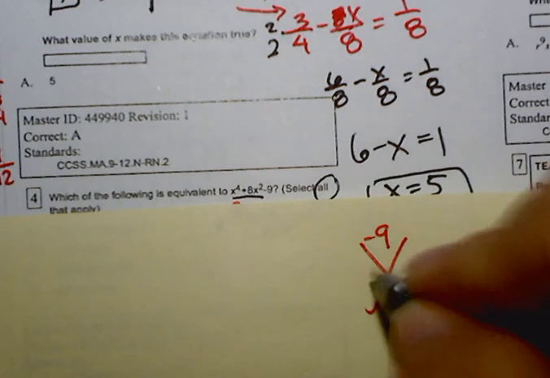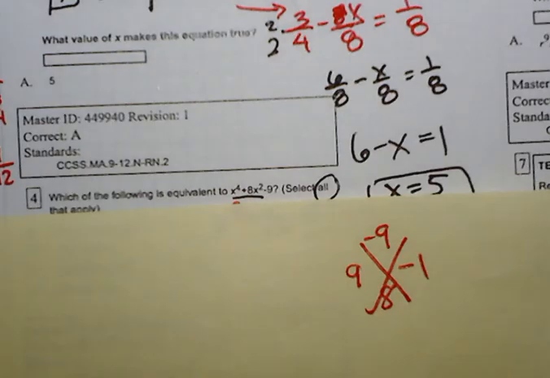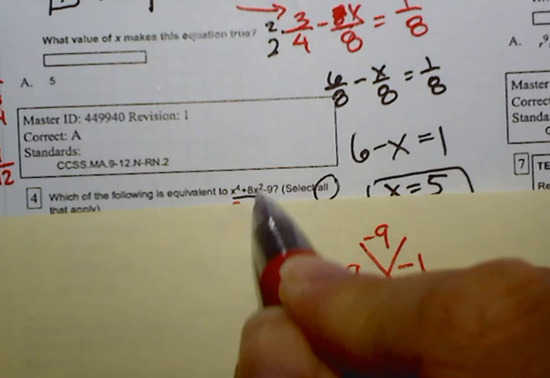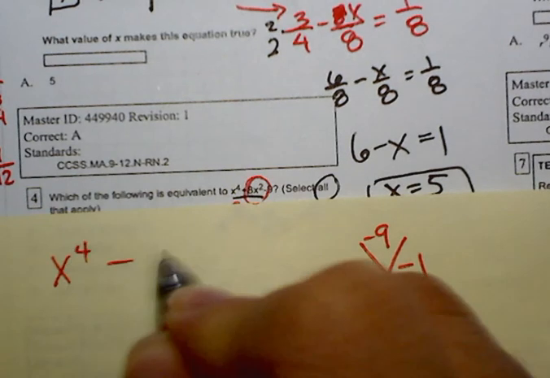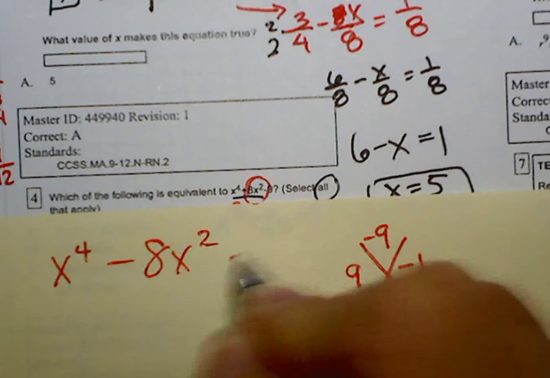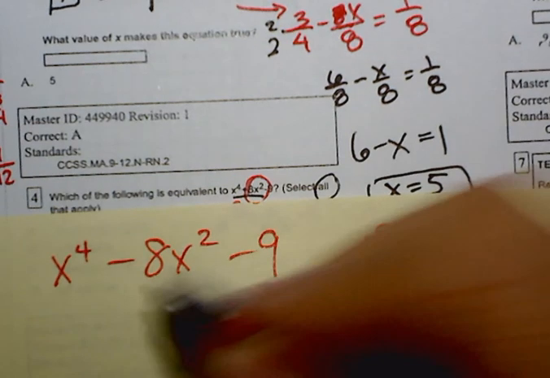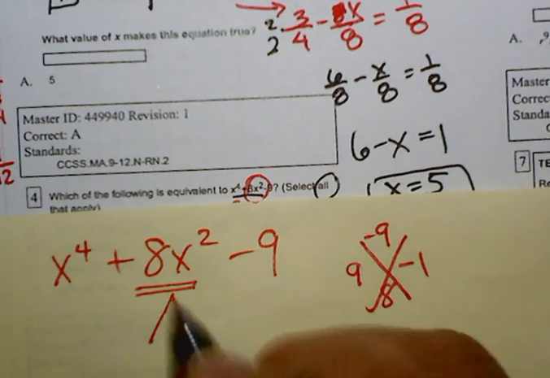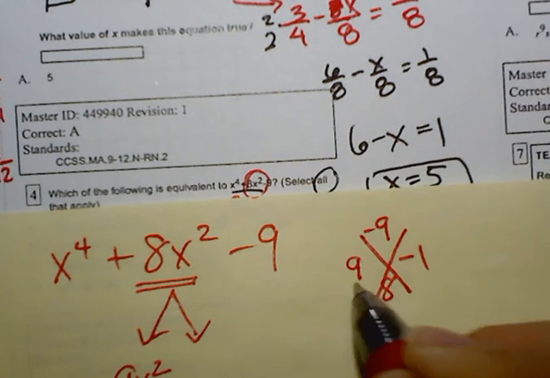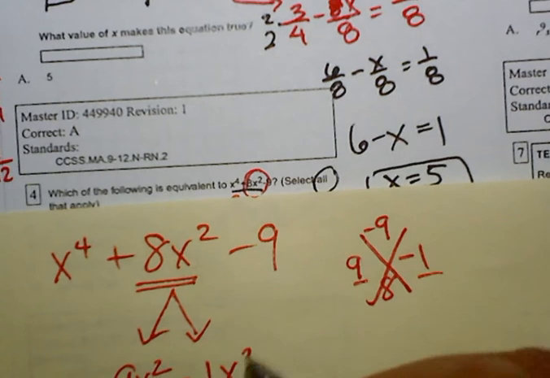So what I'm going to do is I'm going to split the middle, the 8x squared. Okay, so it's x to the 4th plus 8x squared minus 9. But I'm going to split this 8x squared into what? 8x squared is really 9x squared minus 1x squared. You see how 9x squared minus x squared equals 8x squared?